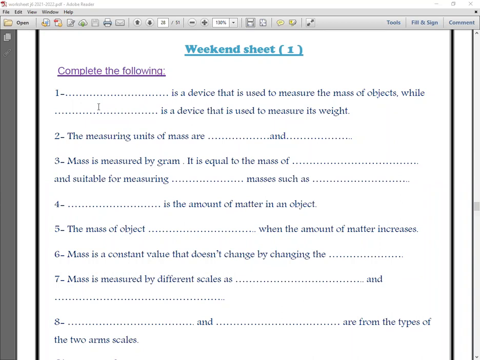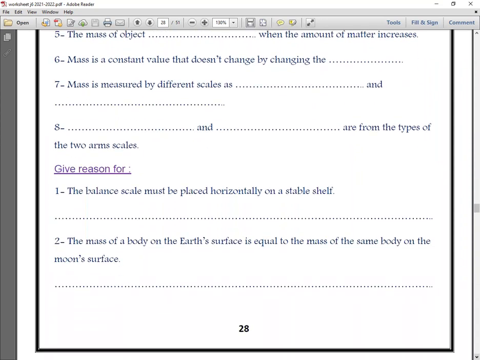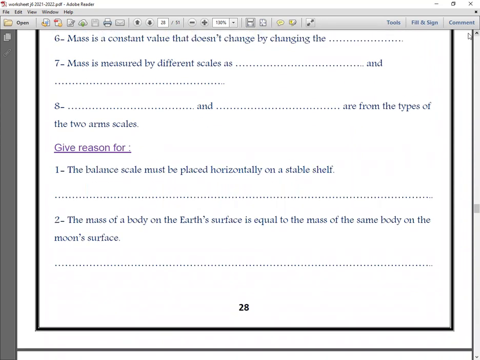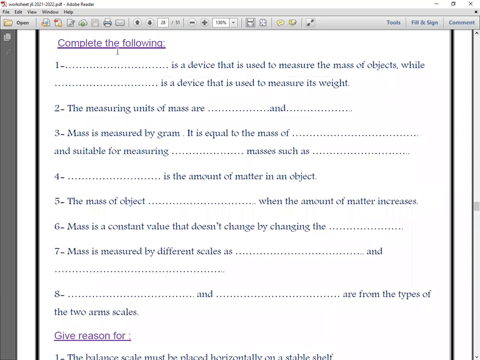Let's start to solve weekend sheet number 1. Page 28. Question number 1: What is a device used to measure the mass of the object? I can write here any of the devices that are used to measure the mass.